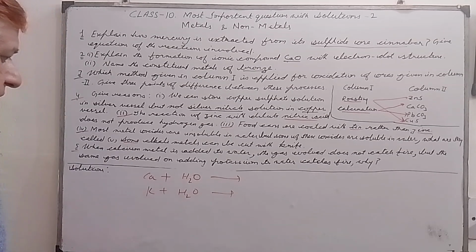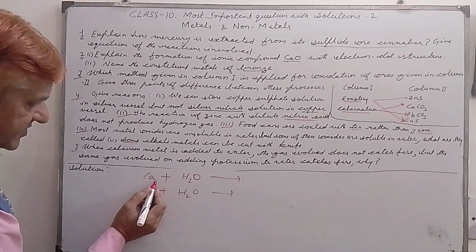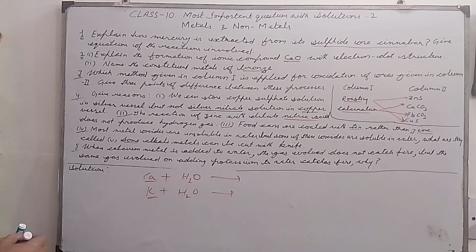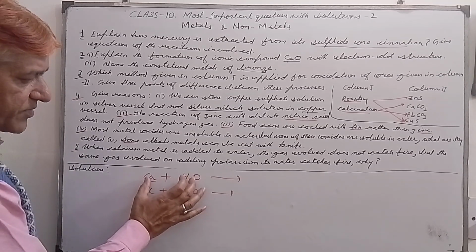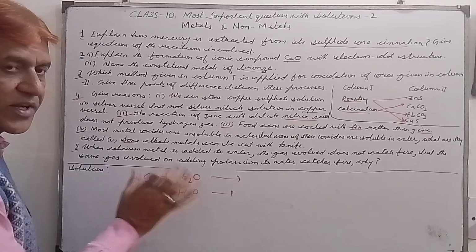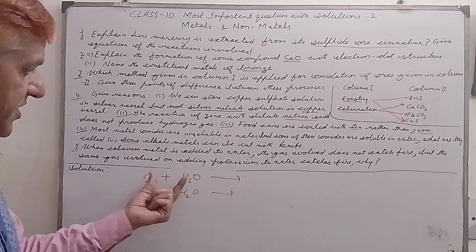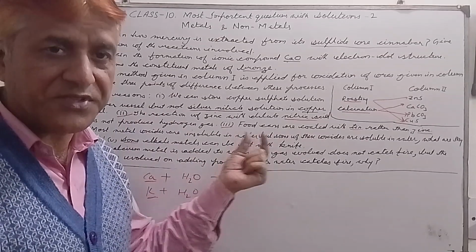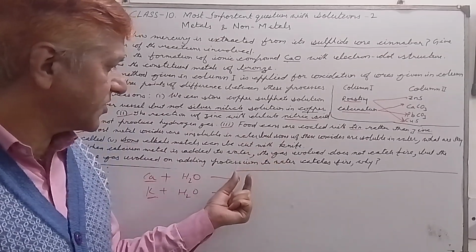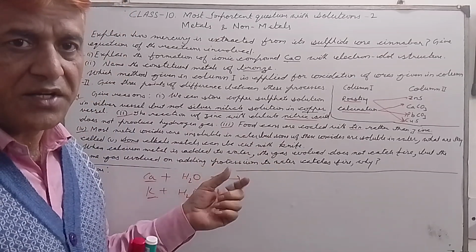Calcium is less reactive and potassium is more reactive. So the reaction between calcium and water is less violent, and the heat produced in the reaction is not sufficient to catch fire.